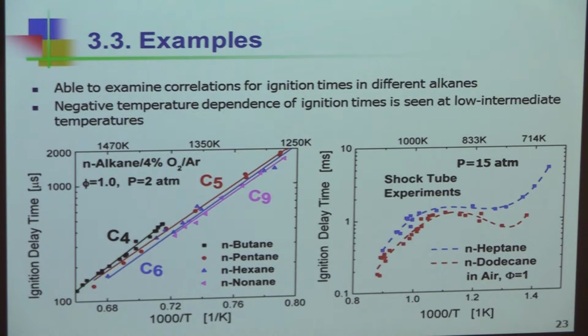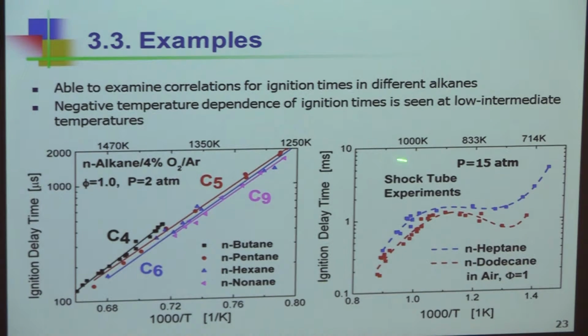But if you do really careful experiments, you can show that as you go from a C4 molecule to a C5 up to a C9, there is a slight decrease in the delay time simply because the bonds break a little easier for the C9 than for the C4. But roughly speaking, they do fall on more or less a common line for the normal alkanes when plotted this way.